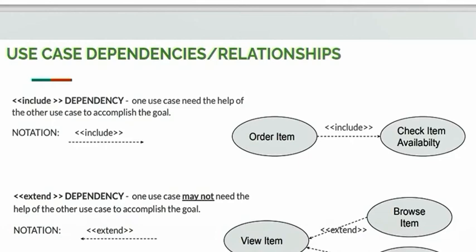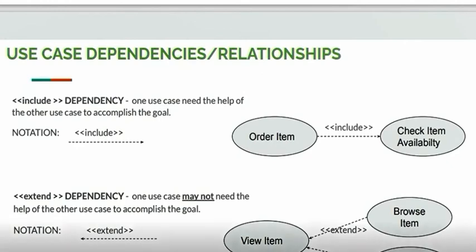But if you are going to construct a more detailed use case model or a system use case, you need to specify the relationship of two or more use cases.